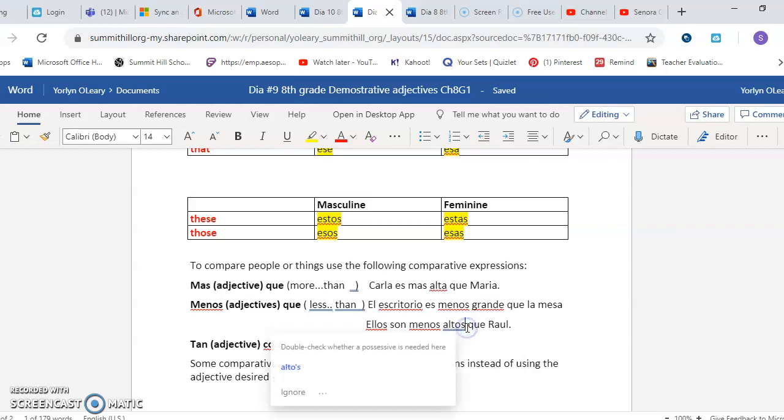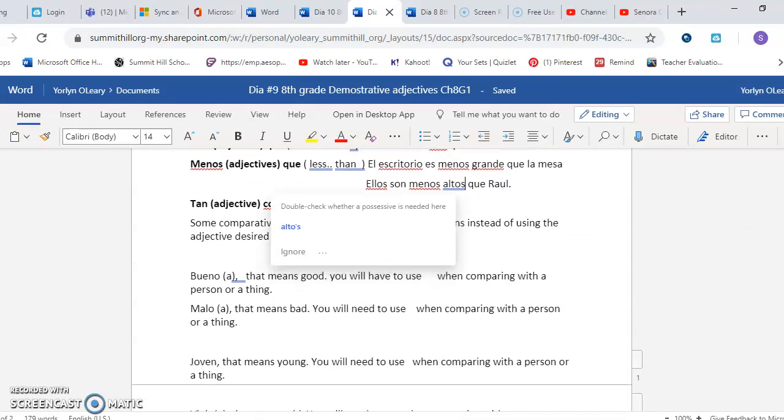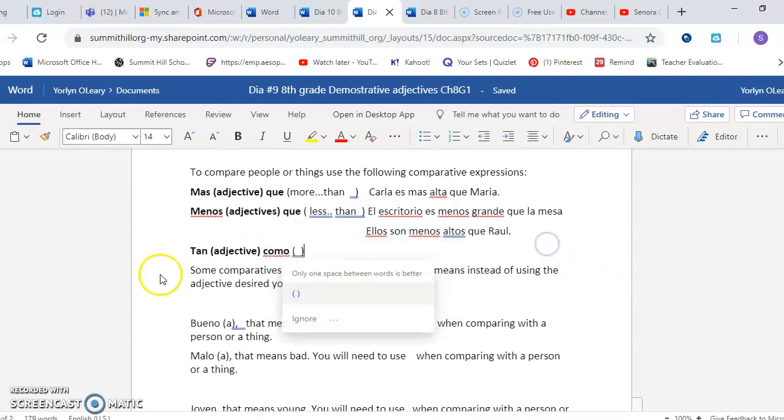That's why the adjective ends with an S. We have learned this. All those are rules that you have learned. You have to pay close attention to this. Oh, I forgot. Please take notes. You are to take notes of this so you can do the work correctly. Ellos son menos altos que Raúl. Notice that it doesn't say alta because it says ellos and it's plural. All right? Moving forward. Once again, make sure you're taking notes.